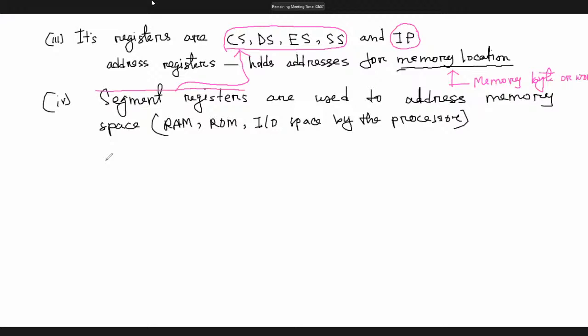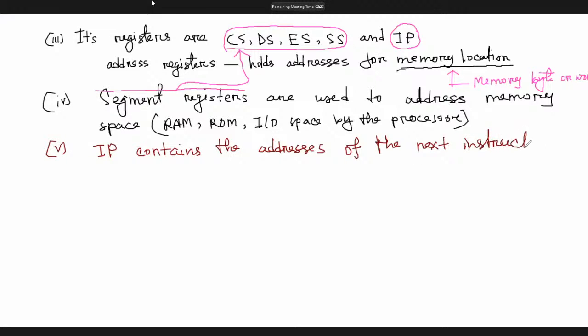Point number 5, we can write: IP contains the address of the next instruction to be executed by the EU.